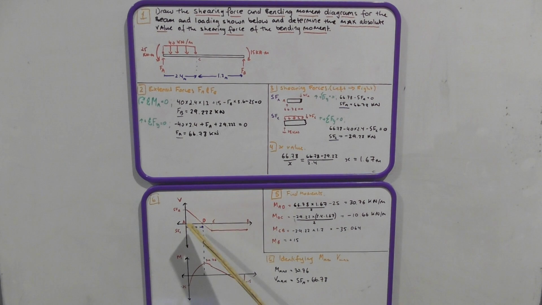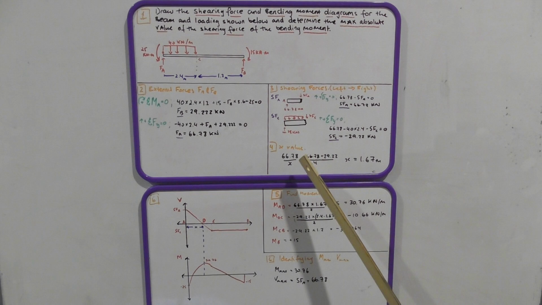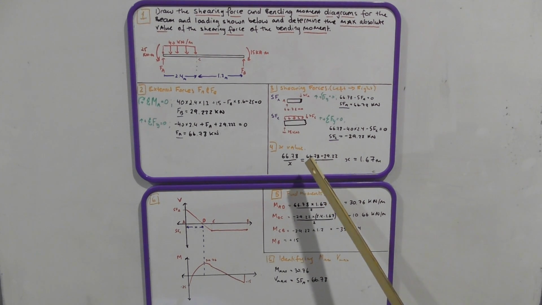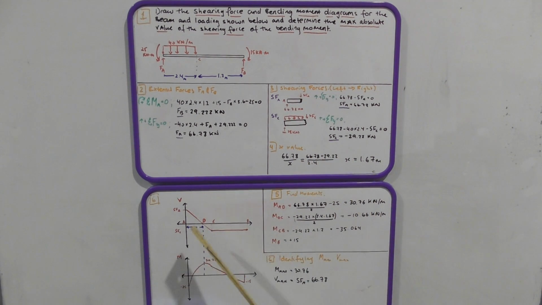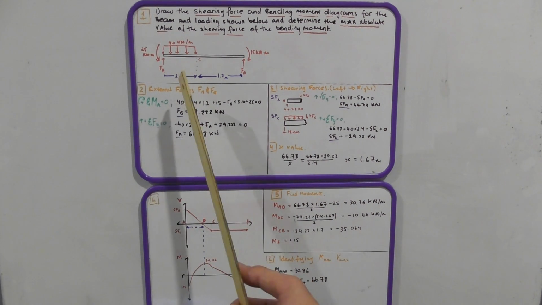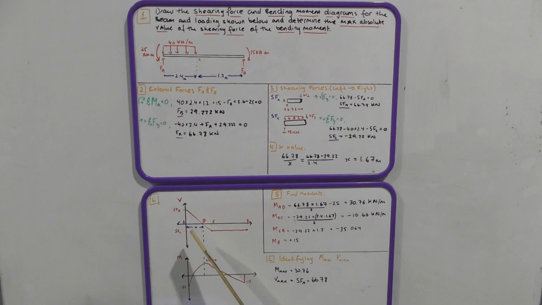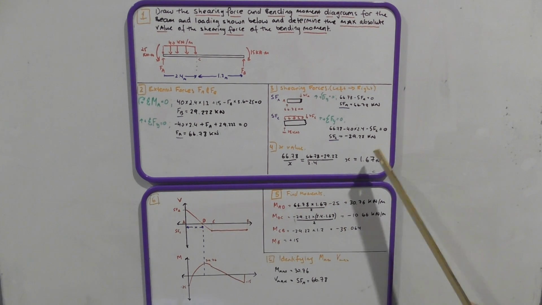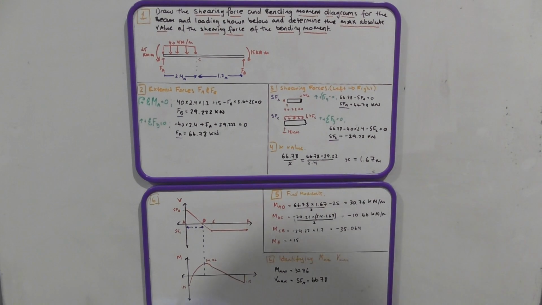We divide that by its distance, x, which we do not know. And then we equate that to the large triangle, which is 66.78 plus 29.22, and we divide it by the whole distance, which is identified here to be 2.4. And you'll find that x will equal 1.67.